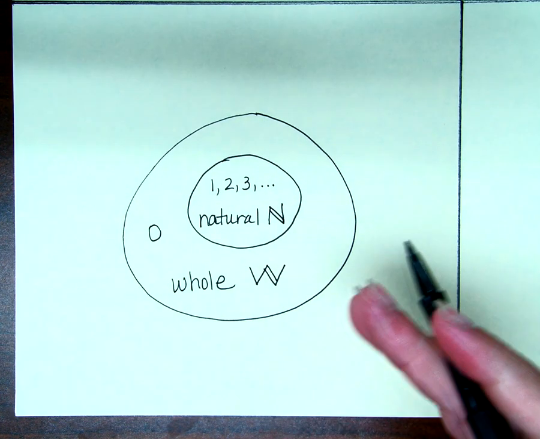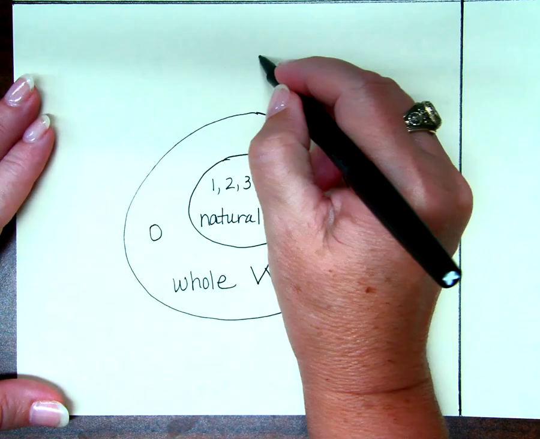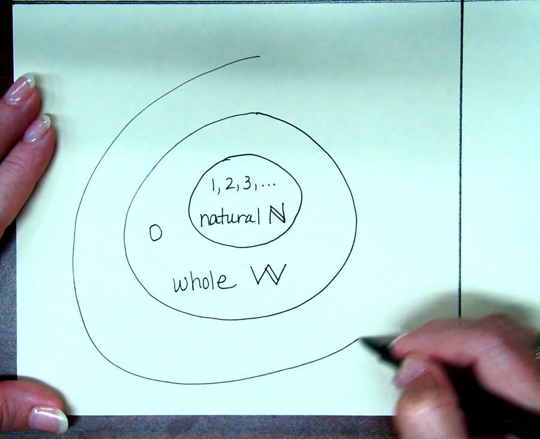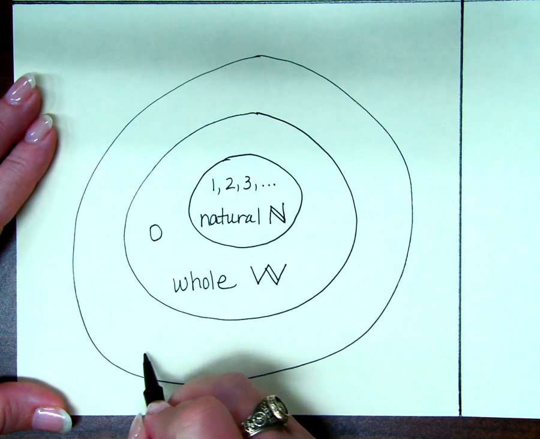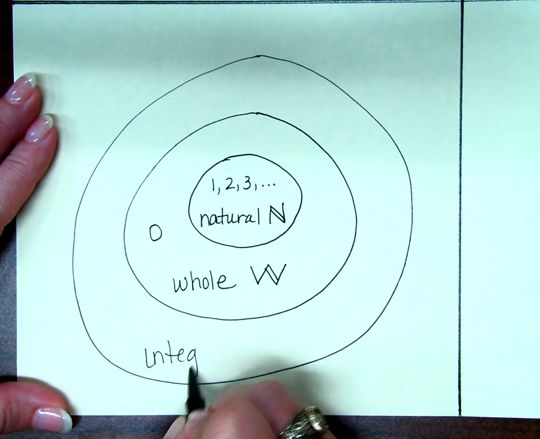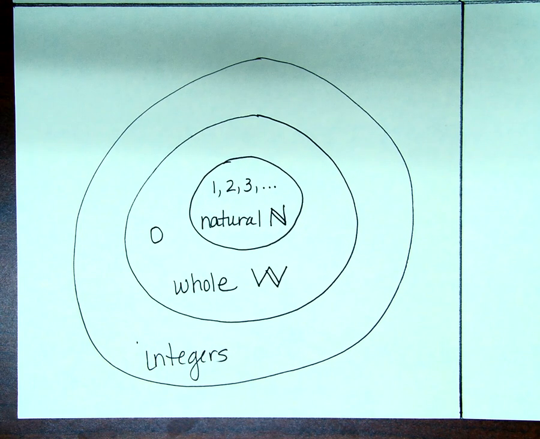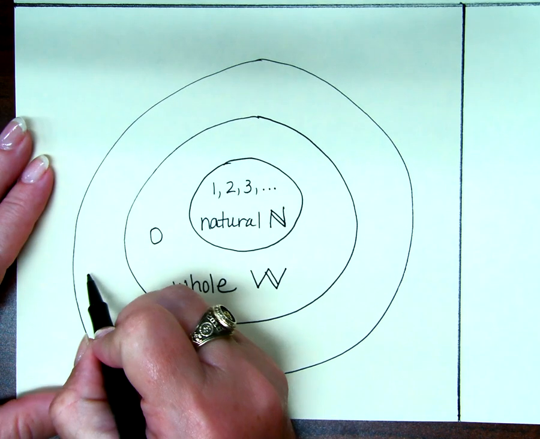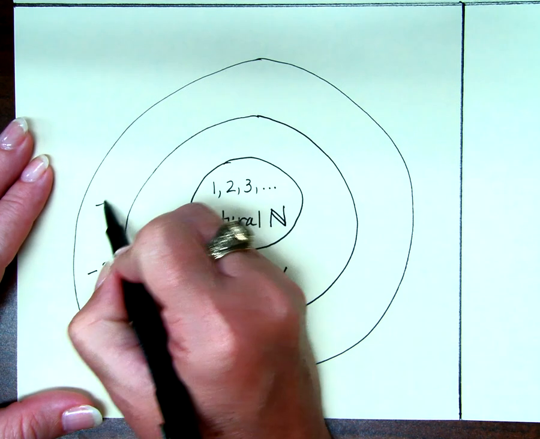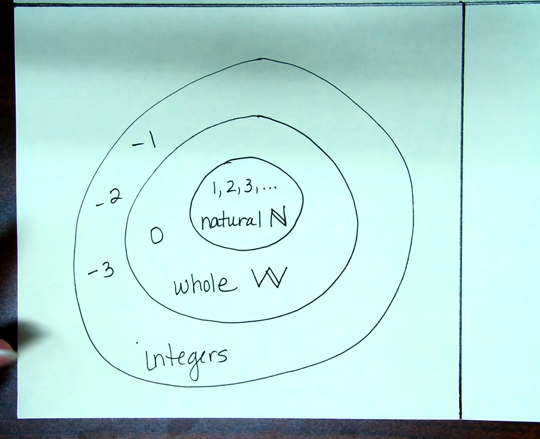So including all the natural numbers and all the whole numbers, we have another set of numbers that's called integers. What kinds of numbers are integers that are not whole numbers or natural numbers? Absolutely. So like -3, -2, -1, -5, -7, all of those numbers, right?